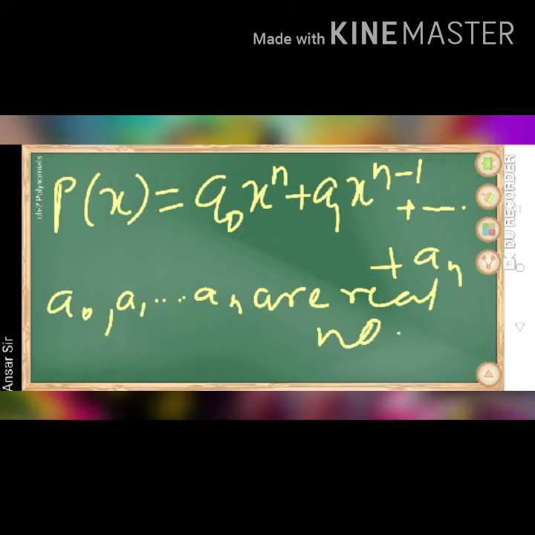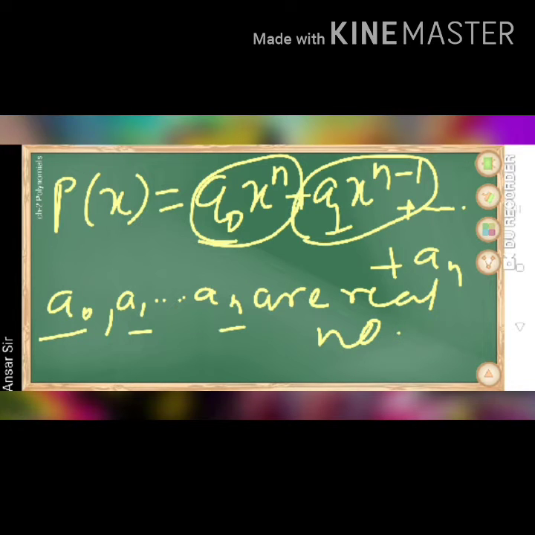These are called the coefficients of the terms. The coefficient of the first term is a0, and of the second term is a1.